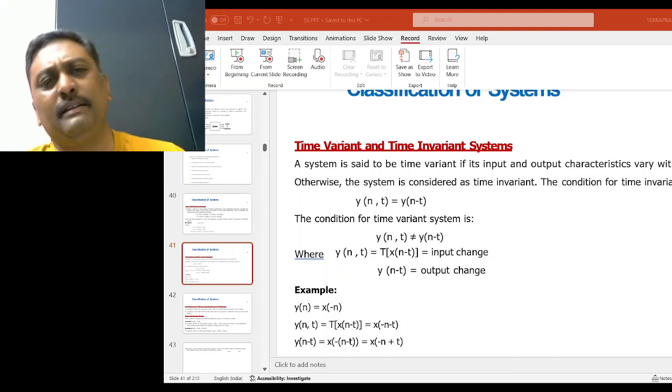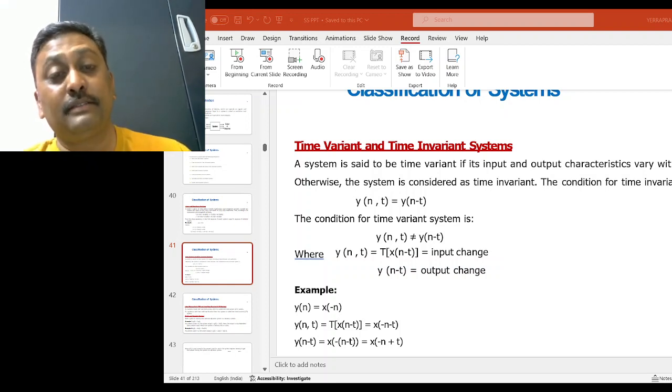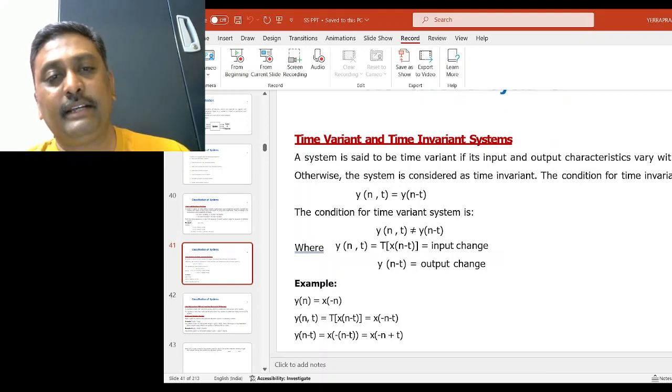In simple terms, if the output is varying with respect to time, it is called a time variant system, and if the output is not varying with respect to time, it is called a time invariant system.